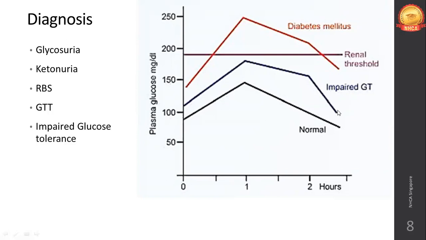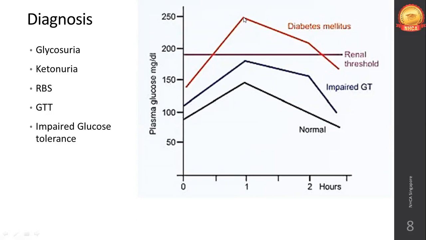Now the person who is diabetic: if you take the fasting blood sugar sample, it's also high. It's more than 100, very close to 150. This is the fasting blood or urine sample. After you give the 75 grams of glucose, the glucose spike is so high, it is almost near 250 mg.